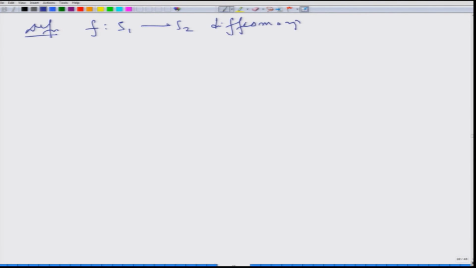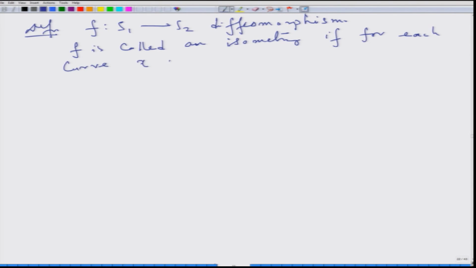I am talking about regular smooth surfaces, so I should take a diffeomorphism. f is called an isometry if for each curve gamma on S1, the length of gamma equals the length of f of gamma.